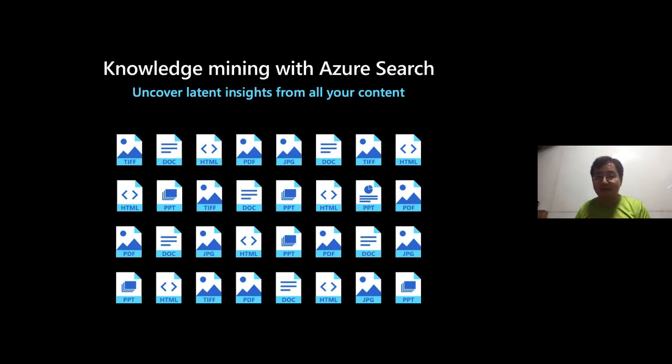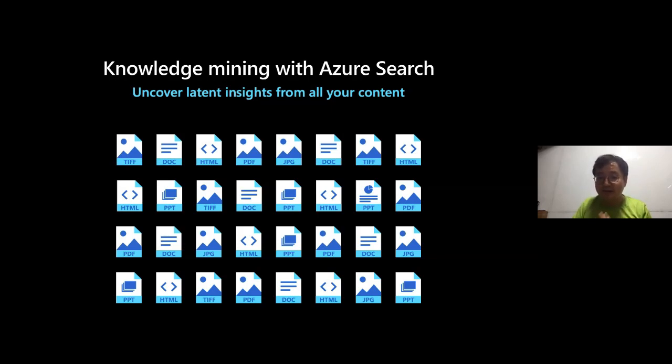Most of those data are rather unstructured. With knowledge mining, you can leverage industry-leading API capabilities from Microsoft to easily unlock latent insights from all of the scattered or unstructured content at scale. So please think about that.